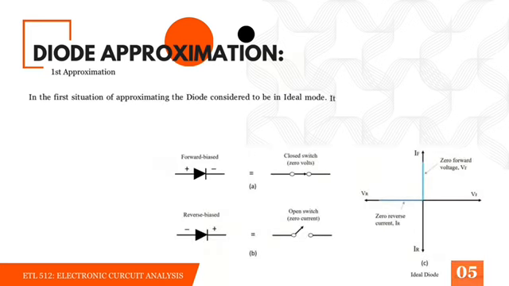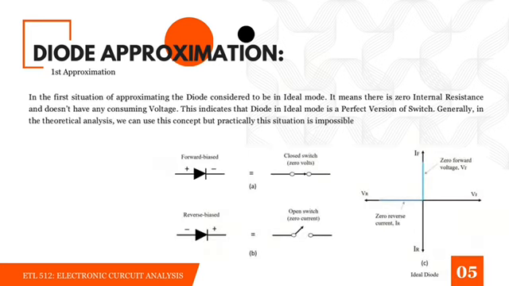In the first situation of approximating, the diode is considered to be in ideal mode. It means there is zero internal resistance and it doesn't have any consuming voltage. This indicates that a diode in ideal mode is a perfect version of a switch. Generally, in theoretical analysis, we can use this concept, but practically this situation is impossible.